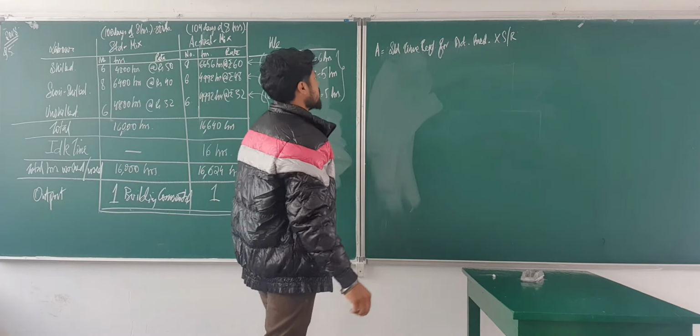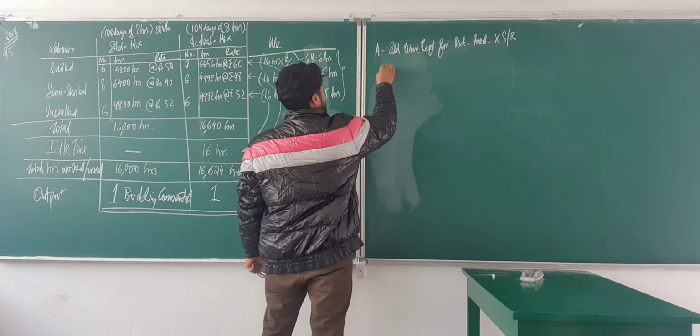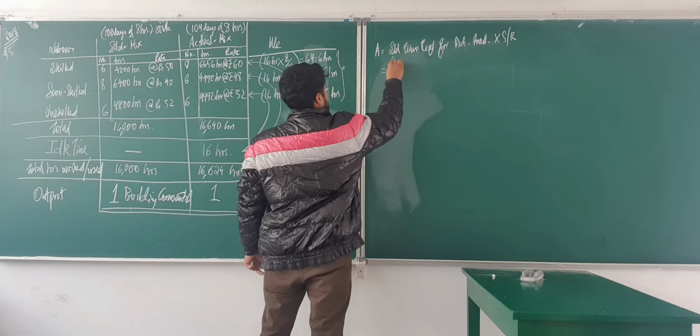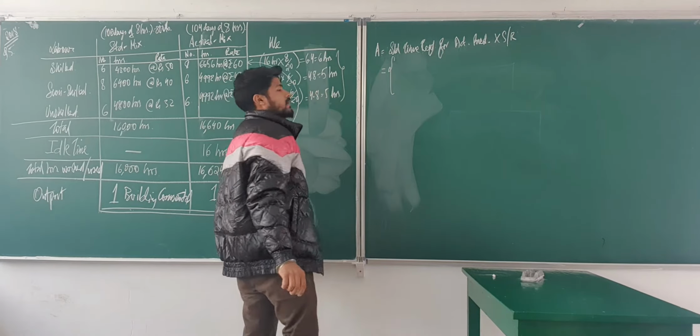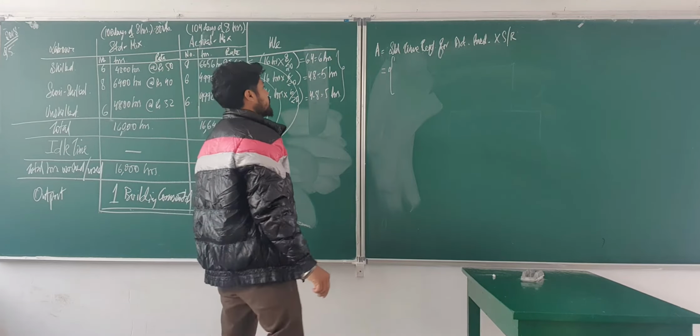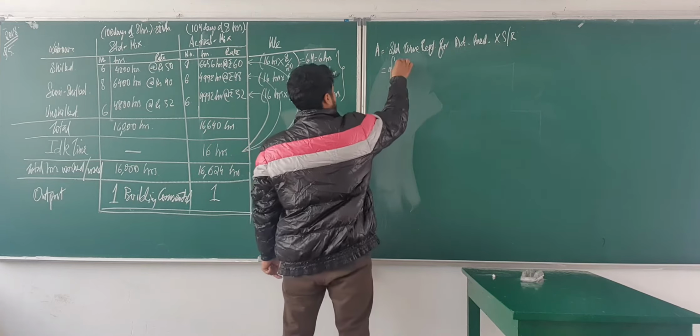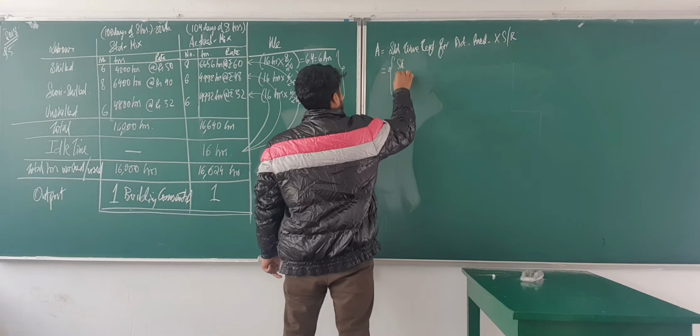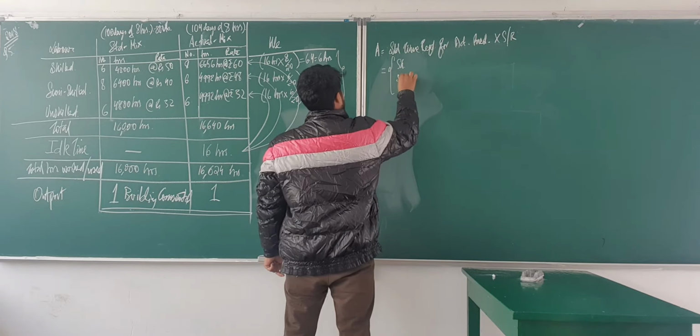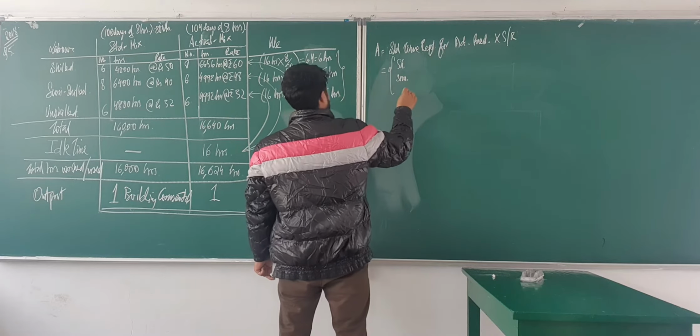I'm using the short form so you can write down full. So A can be calculated under, because you have different types of labors here. We have skilled, then we have semi-skilled and unskilled.